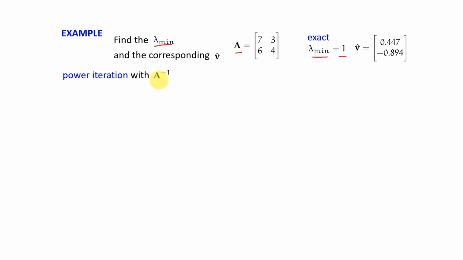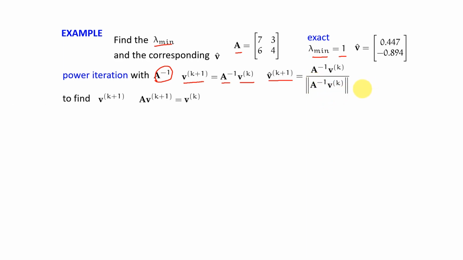We want to do power iteration with A inverse to find lambda minimum. And we know that in the normal power iteration procedure, I find V at the k plus 1th iteration as A inverse multiplied by V of the kth iteration, and then I take the normalized V at the k plus 1th iteration as A inverse Vk divided by the norm of A inverse Vk, and I continue this process till convergence.